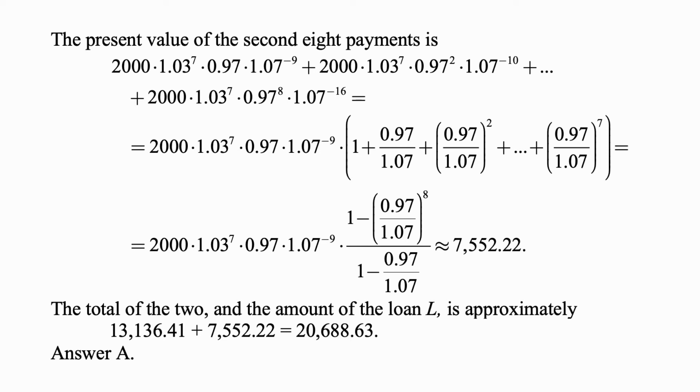So we use the same formula, and this partial sum is equal to 1 minus 0.97 over 1.07 to the 8th divided by 1 minus the ratio, so 1 minus 0.97 over 1.07. And that's approximately equal to 7,552.22. And the total of the two and the amount of the loan is approximately 20,688.63, which is answer A.